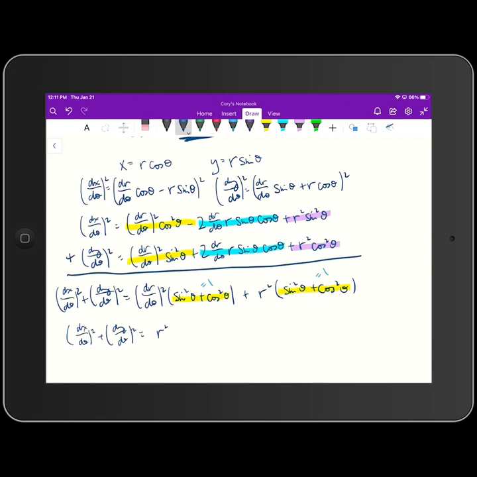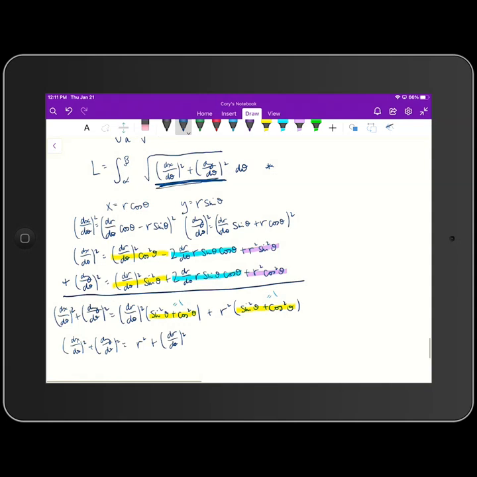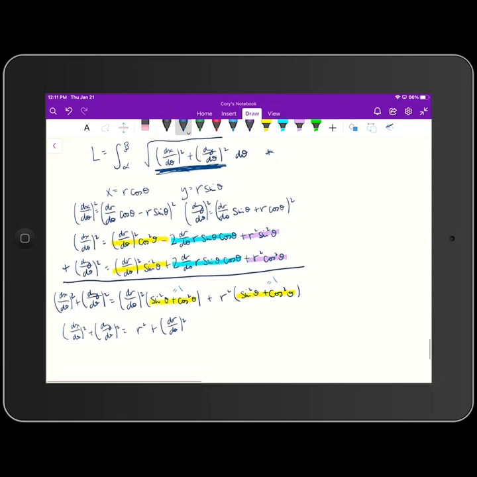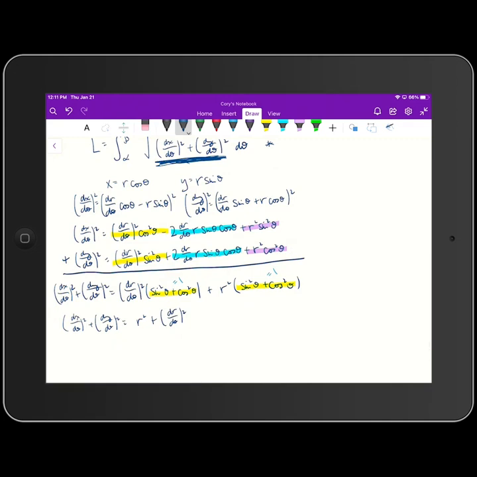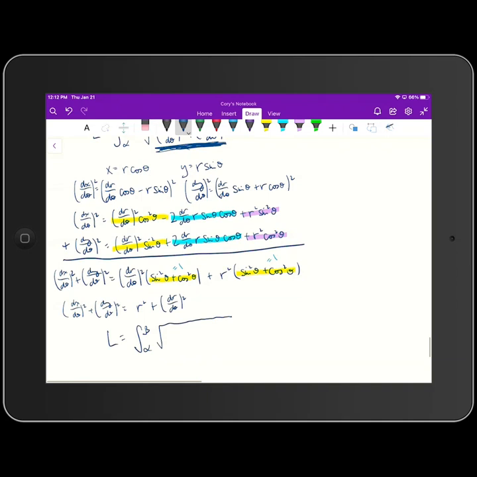I'm going to write the right-hand side as r squared plus (dr/dθ)², which means I can go to this arc length formula here, and I'm going to write that arc length formula as L equal to the integral from alpha to beta of the square root of, we're going to replace (dx/dθ)² plus (dy/dθ)² with r squared plus (dr/dθ)², which we are integrating with respect to theta.